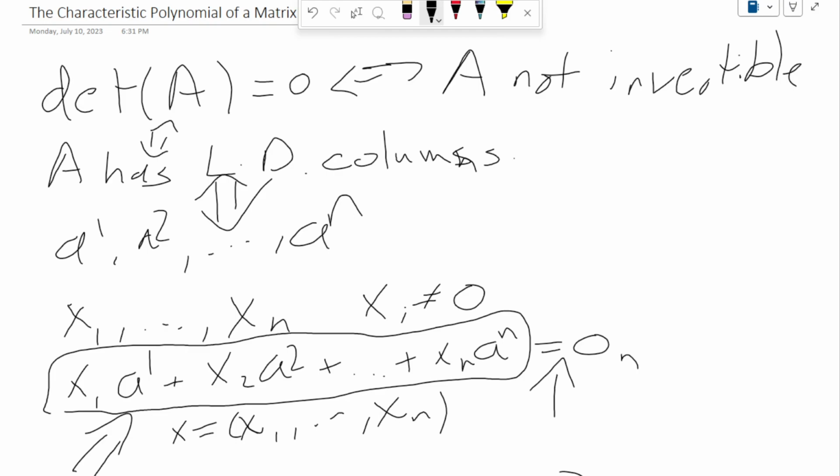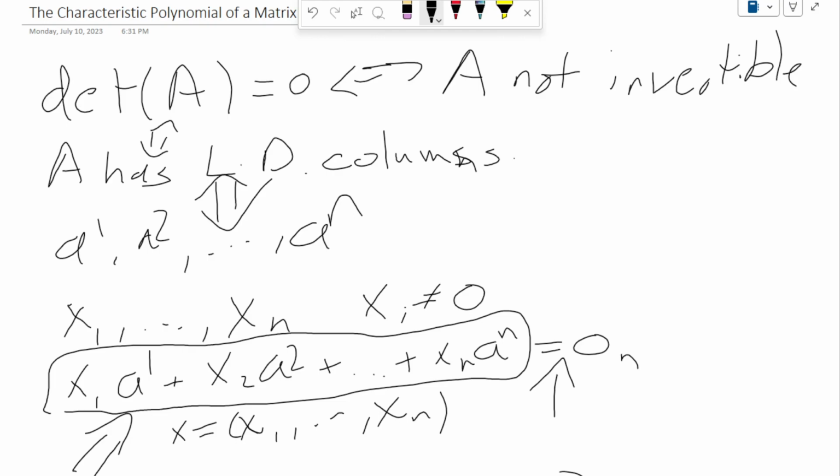Okay, and so this whole thing is at least part of something called the invertible matrix theorem, which basically describes all the conditions that are enough to prove that a matrix is invertible. It turns out invertible matrices are incredibly nice. Invertible matrices have linearly independent columns. They also have linearly independent rows.